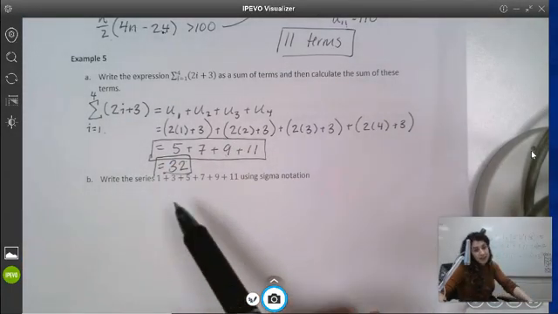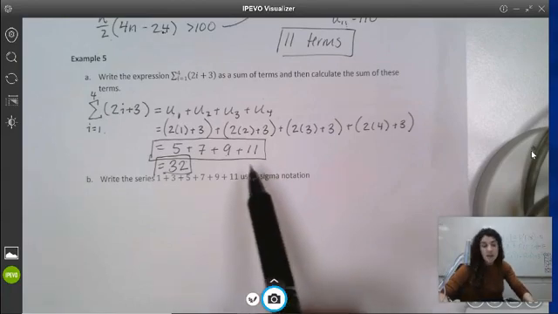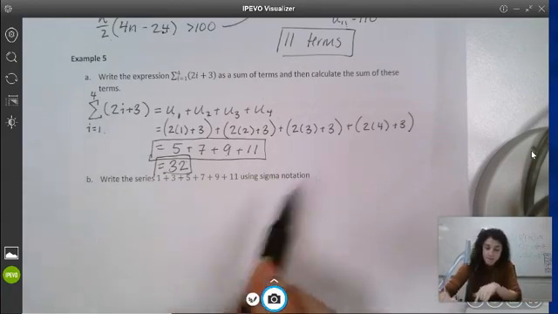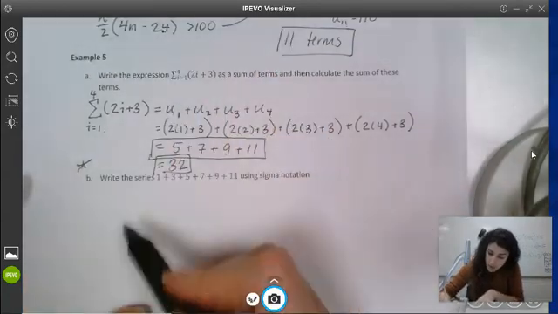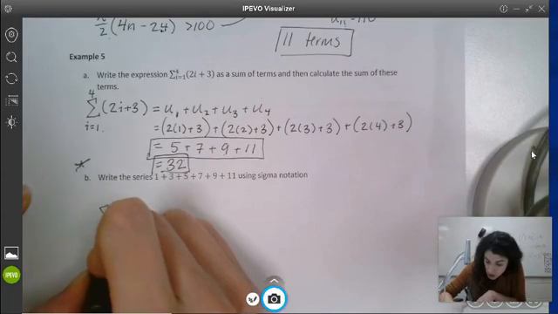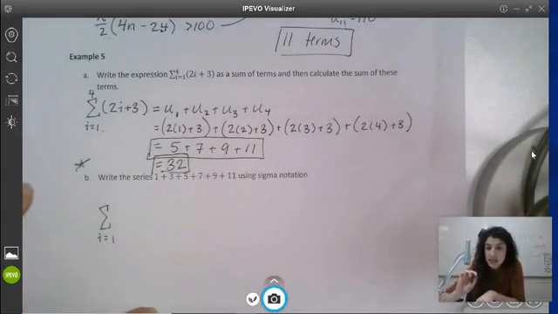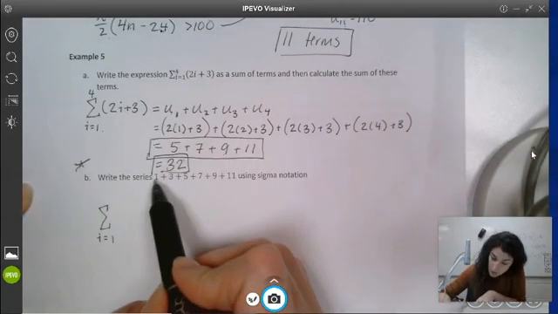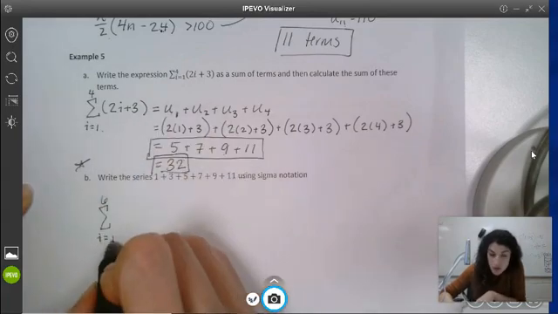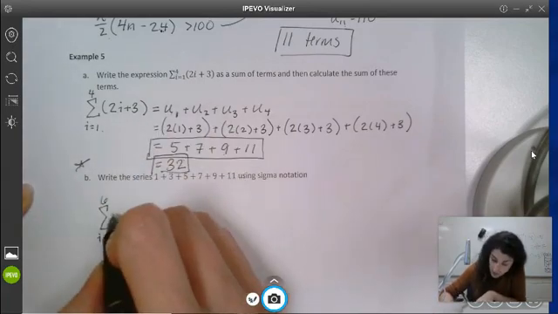Then it says, hey, write this series using sigma notation. Don't solve for it. We just want to use sigma notation. So sigma, we know we're going to start with 1. First, let's count how many terms we have. 1, 2, 3, 4, 5, 6. We're going from the first term to the 6th term.